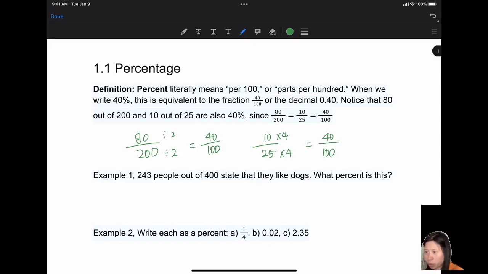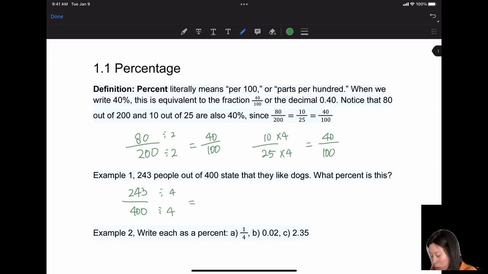So here's an example. 243 people out of 400 state that they like dogs. What's the percentage? You can either convert this by dividing by 4 on the top and bottom.